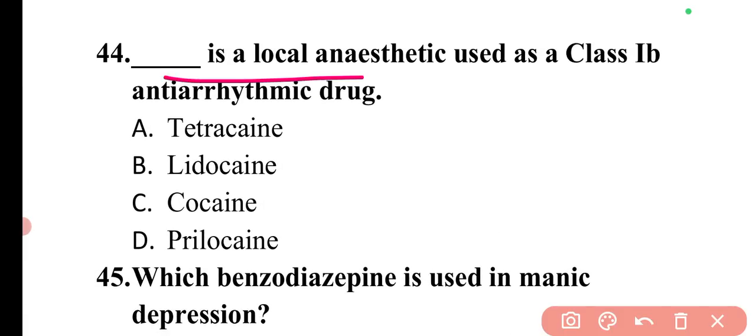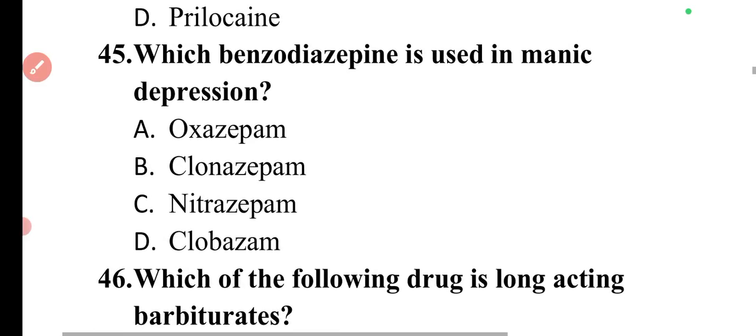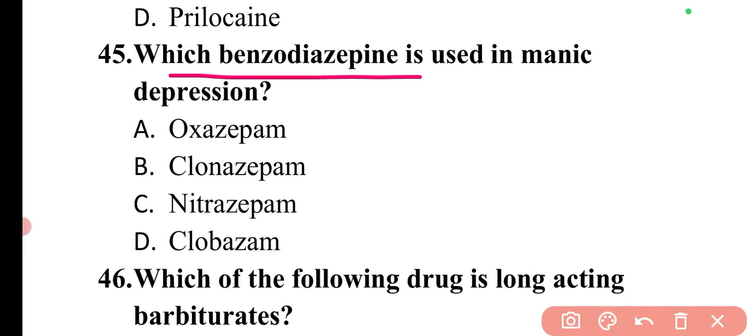Next question is, dash is a local anesthetic used as a class 1b antiarrhythmic drug. So the class 1b antiarrhythmic drugs include lidocaine. So here option B is correct. Next question is, which benzodiazepine is used in manic depression? So the drug used in manic depression is clonazepam.